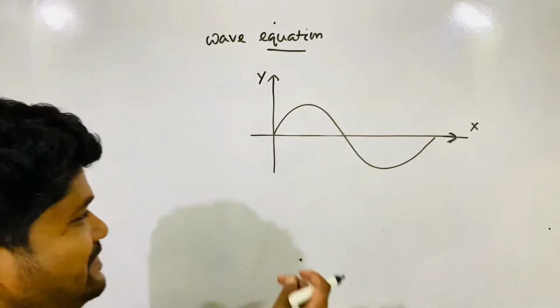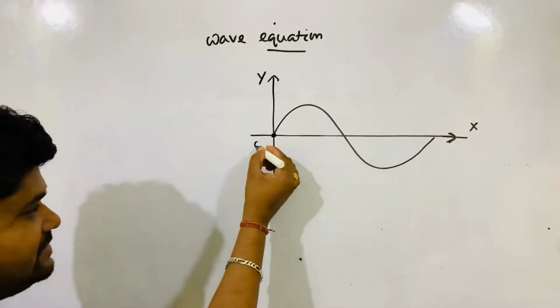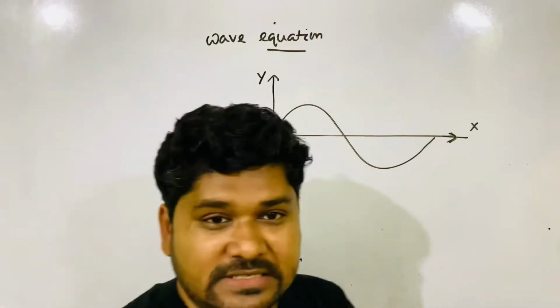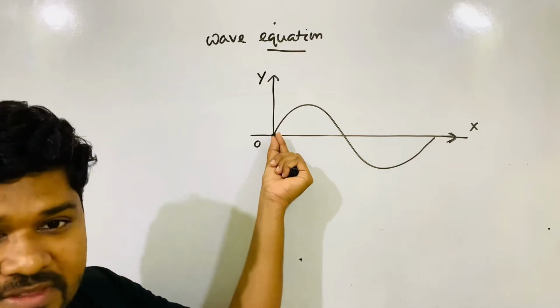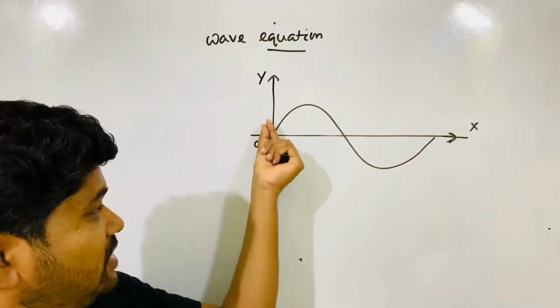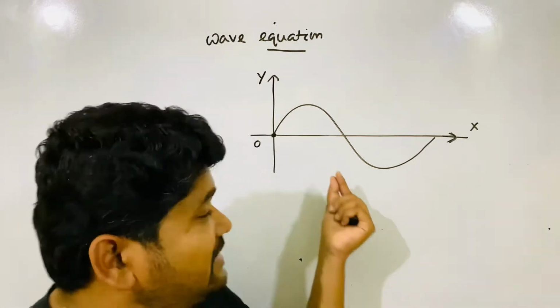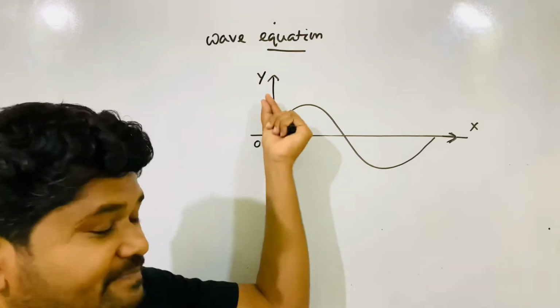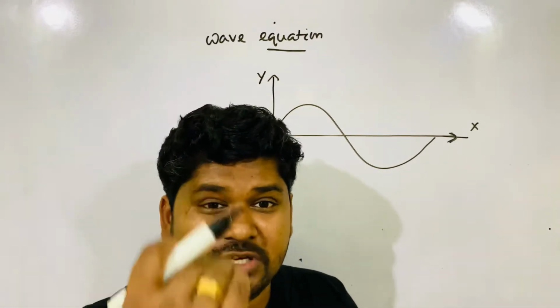You see this part you have done. You will see this particle at the origin. This is the origin, I have taken it as the origin. The particle at the origin will not stay in that position. After some time it will go up, come down, go up, come down. You have already understood that the particle executes SHM, simple harmonic motion.